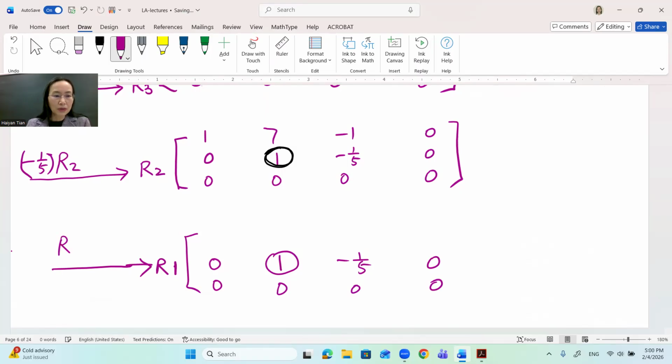So the second row times -7 will be added to the first row. Because of this replacement, the first row will become 1, 0, and then this number, as you can see, -1/5 times -7 is being added to the first row. That means add to the -1. You see we have a -1 here.